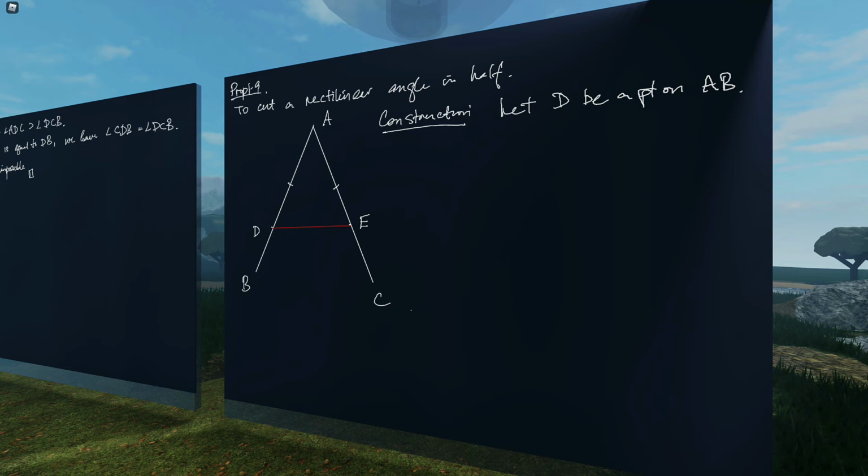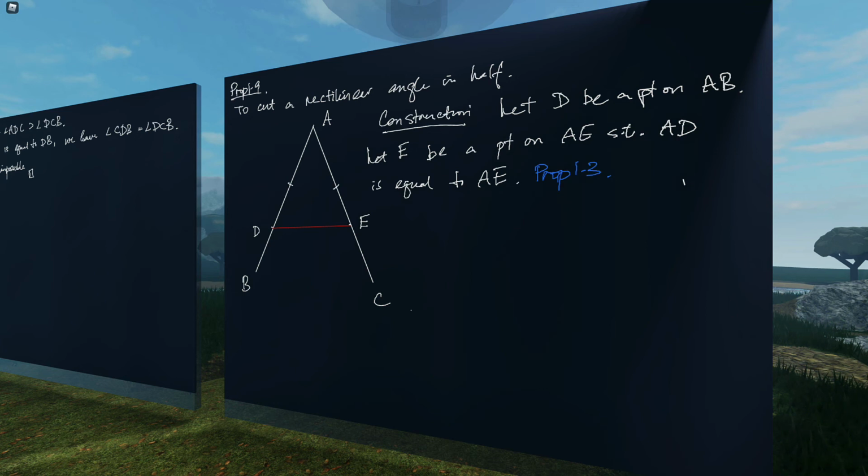So I want to let E be a point on AC such that AD is equal to AE. I believe this is proposition 1.3. Seen this a few times in the past now. A common trick that Euclid likes to use.